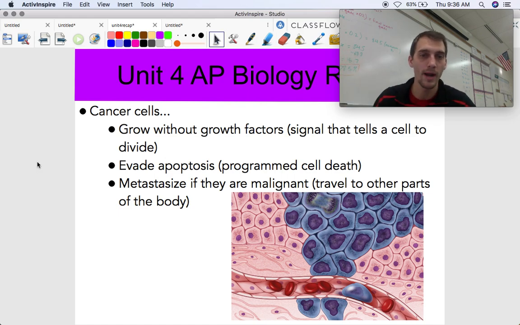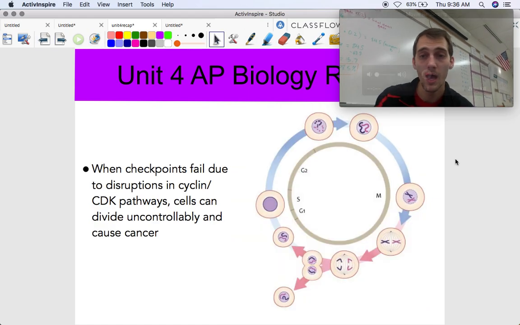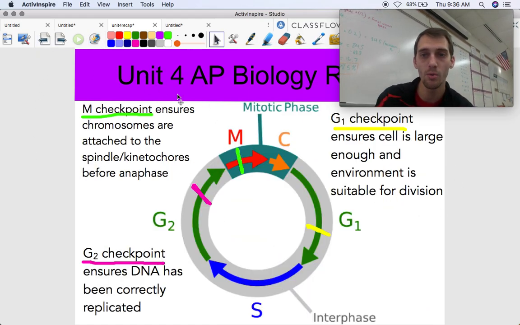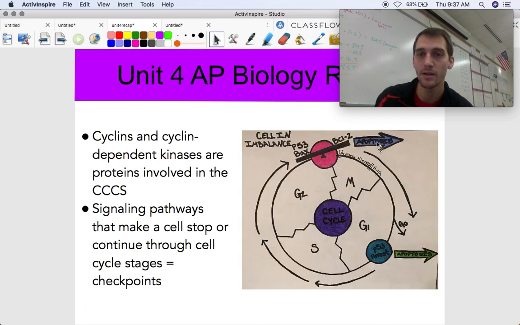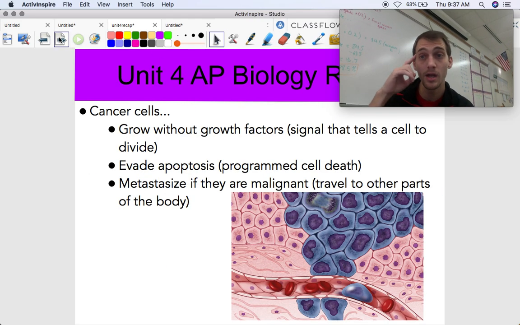It's uncontrolled, right? Also, cancer cells evade apoptosis. One of the fail-safe methods for preventing cells from dividing uncontrollably is basically telling it to die. That's what apoptosis is, right? A cell will send a signal to tell another cell, hey, you are too damaged. You're dividing uncontrollably. It's going to cause problems, so die.